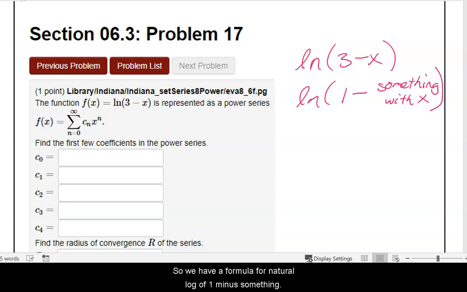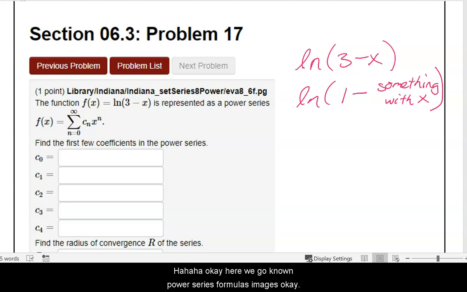So we have a formula for natural log of 1 minus something, and let's see if I can find it real fast from the textbook or from the internet. Known power series formulas. Okay, here we go.